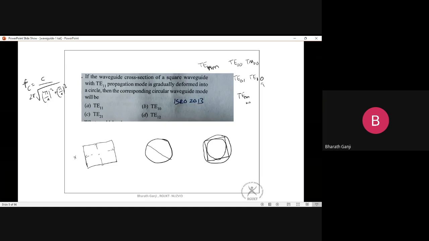What do you think is possible? Which mode is most likely to propagate? Maybe if we can approach it from the cutoff frequencies.